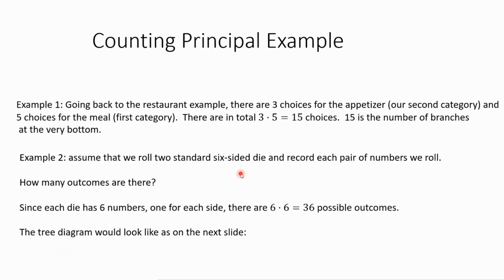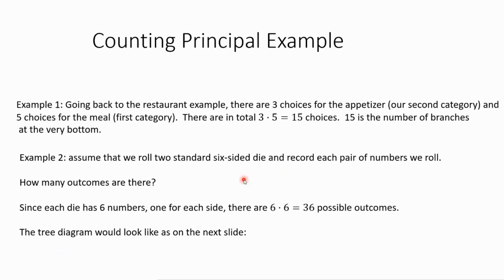Or take rolling 2 standard 6-sided dice, right? Well, I guess if you want, you're rolling 1 die twice, and you're recording each pair of numbers you roll. How many outcomes are there? From each roll, you get 6 possible choices, right? 6 numbers, 1 through 6.